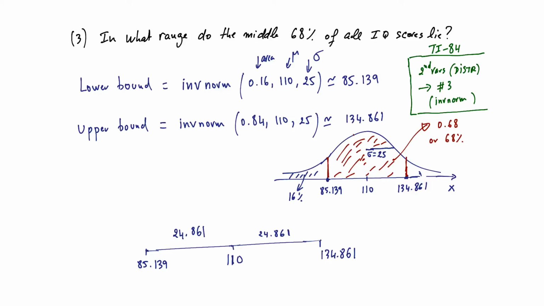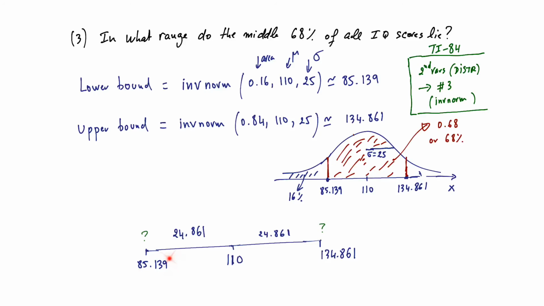Before I conclude, let me show you a different method, and I'm sure you can use common sense to realize it. We know we're looking for two numbers. Let's say you only found the lower bound, 85.139. Here is my interval, these are my two locations in green.